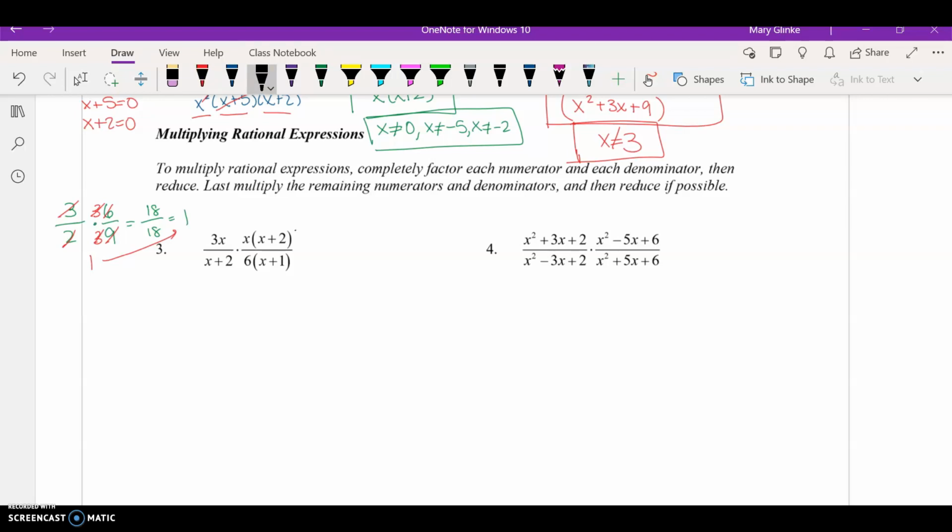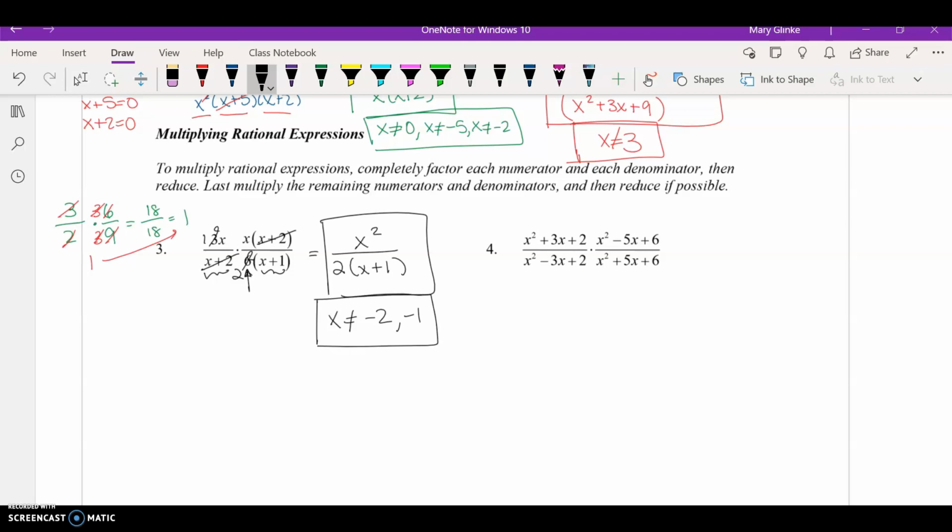So for 3, I see x plus 2 as a factor in each of them, numerator and denominator. 3 over 6 is going to reduce to 1 over 2, which makes my numerator x squared, and my denominator a 2 and an x plus 1. For my excluded values, x plus 2 can't equal 0, x plus 1 can't equal 0, and 6 is just a number, so that's not going to yield an excluded value because there's no x.